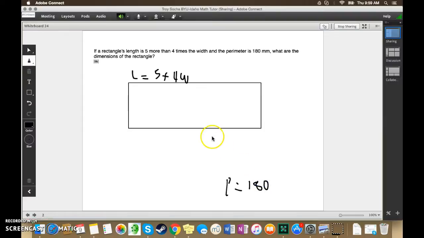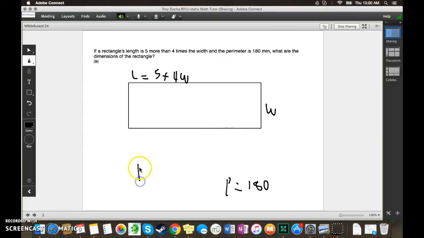Now it doesn't say anything about W, so I just assume that W is W. It mentions the width and doesn't say anything added to it, so it must just be the width. It says it up here for length, but it doesn't say the width is something, so we're just going to call the width that. Now we have to solve for W using our formula that perimeter is equal to 2L plus 2W.